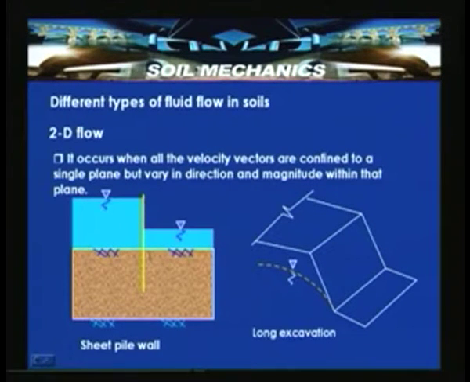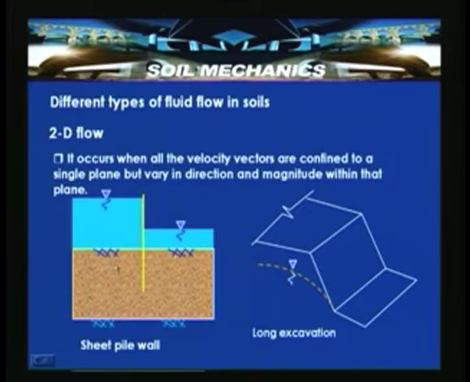Here the yellow member is the sheet pile wall placed in a saturated sand layer, and this is the head which is driving the flow. So, the flow occurs from this point to this point.